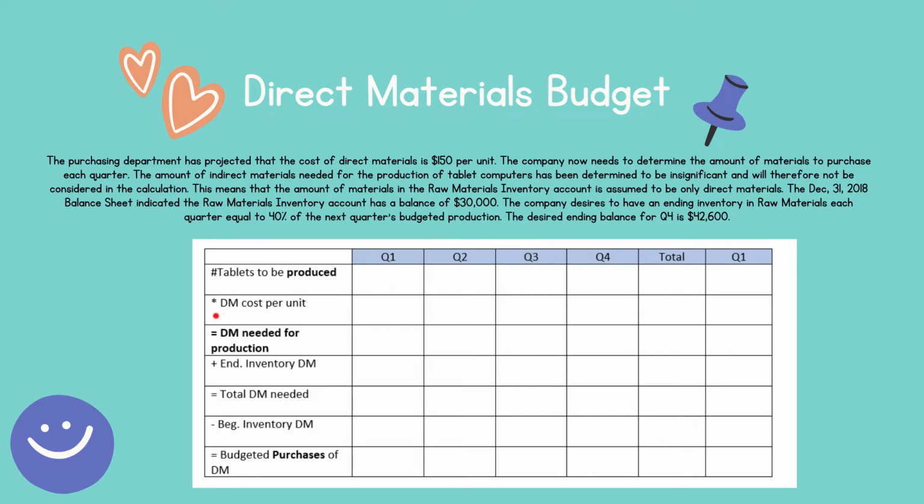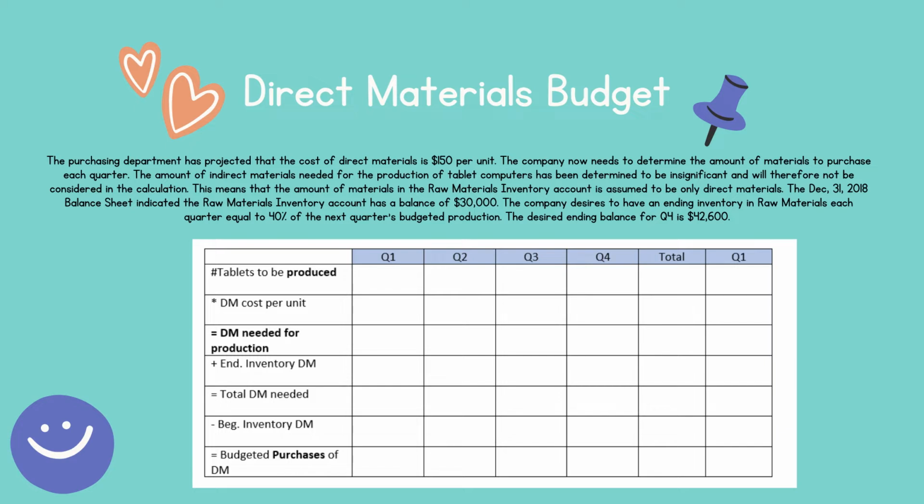Then we multiply it by the direct material cost per unit, which equals direct materials needed for production. Then I'm gonna add ending inventory to get total direct material needed. Then I subtract beginning inventory, which equals budgeted purchases of direct material.